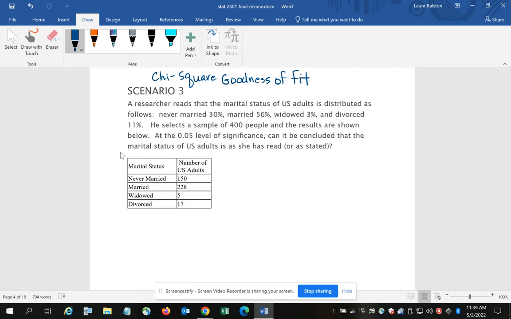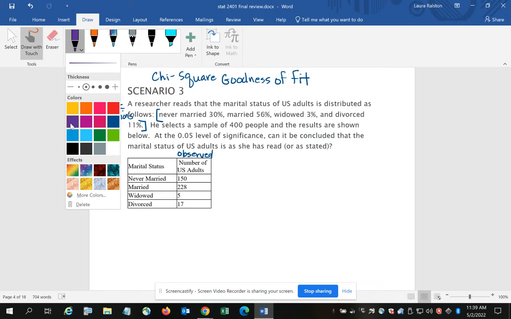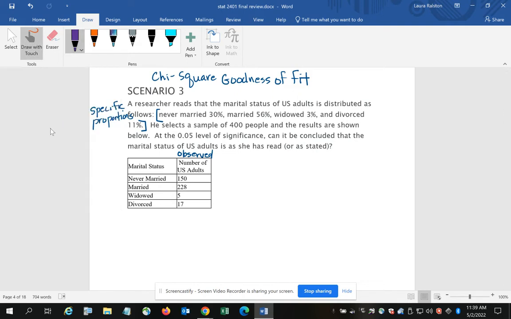We're given the categories and the observed number from our sample of 400. We also have given to us in the problem specific proportions or percentages for each category. So again, we begin each hypothesis test the same way by stating our null and our alternative hypothesis.